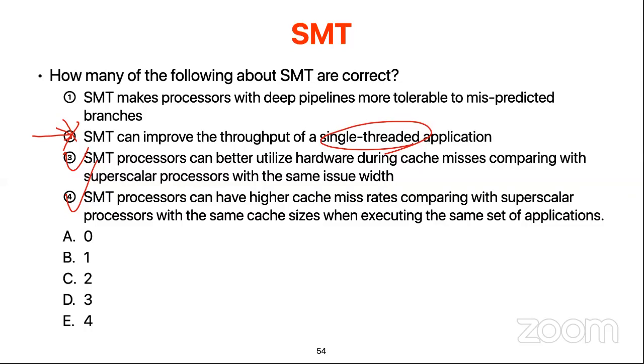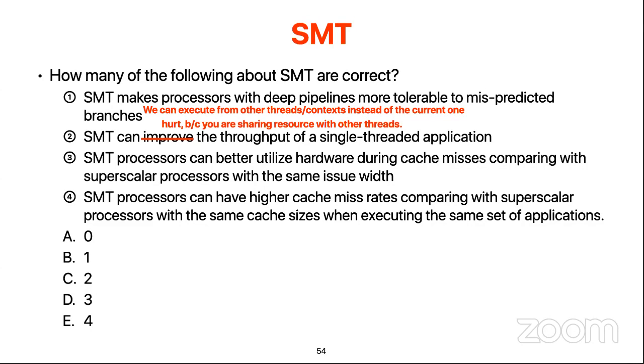And the number of instructions that are mispredicted would be fewer in an SMT processor, because the thread that is in speculative execution mode may have fewer instructions that you need to flush, since you also make progress on the other thread, right? Okay, that makes sense. Right. So for the first statement, because you can fetch instructions from the other thread. For the second part, you are going to hurt.